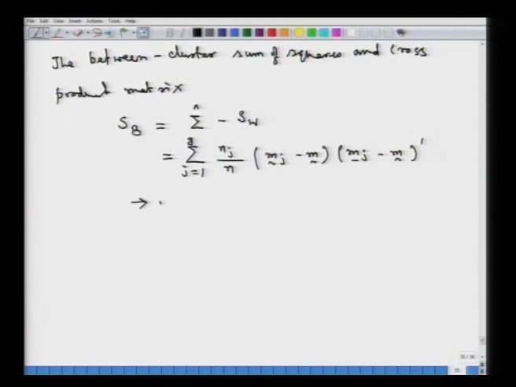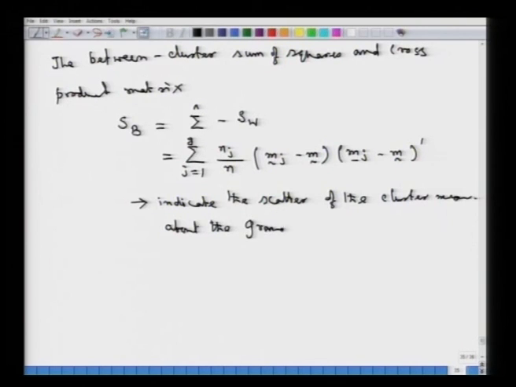So, what is this going to indicate? This is going to indicate the scatter of the cluster means about the grand mean, right.